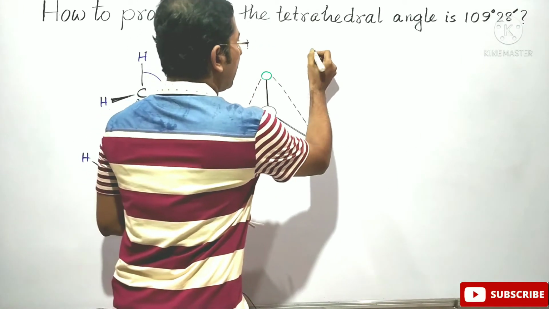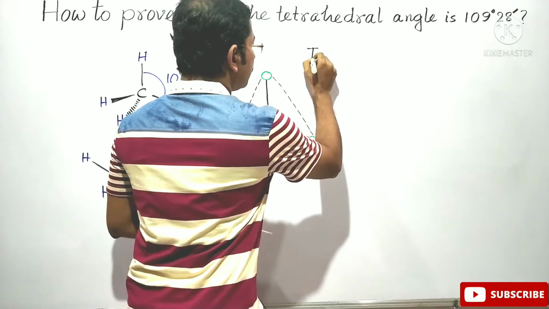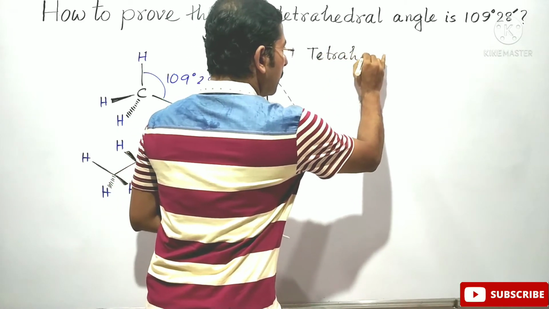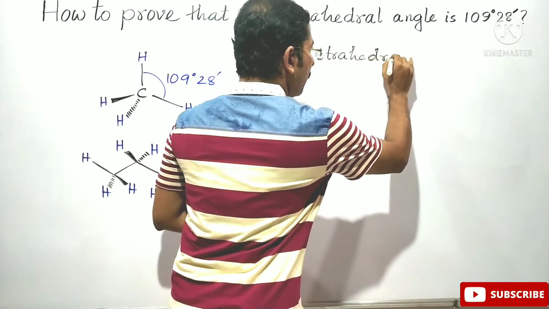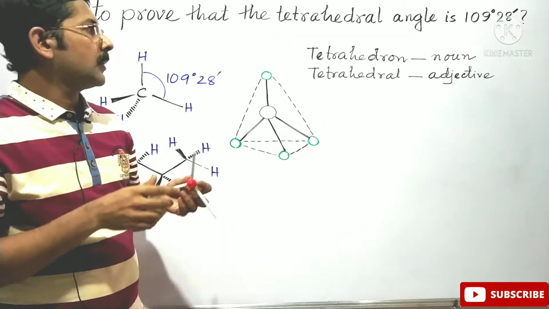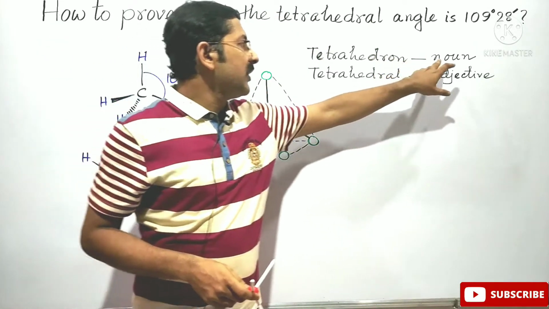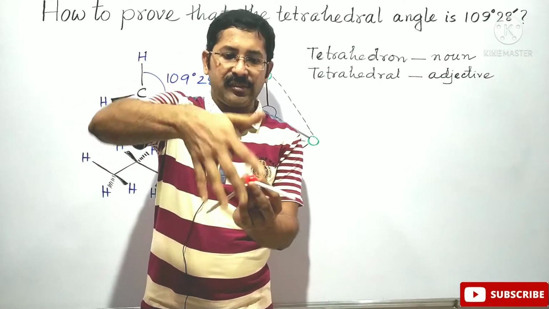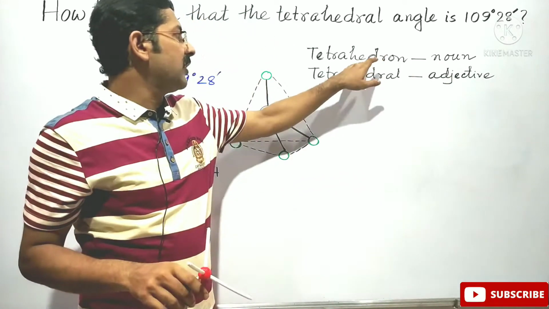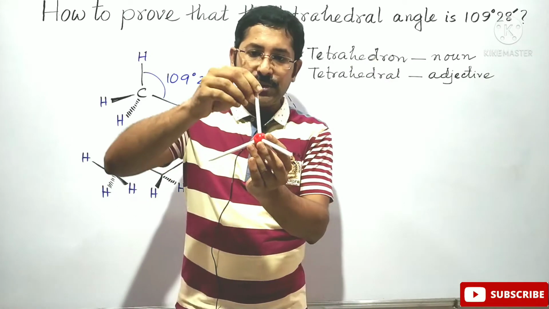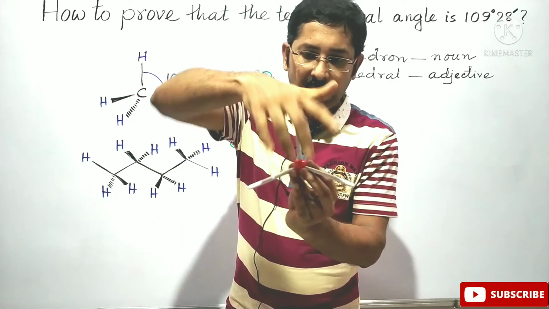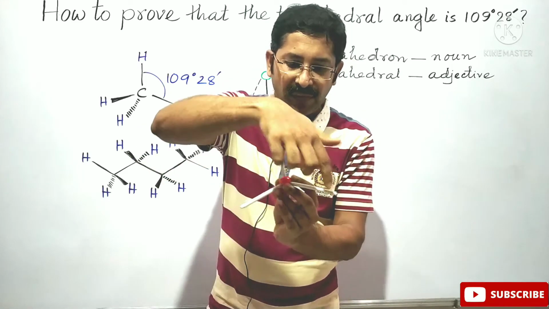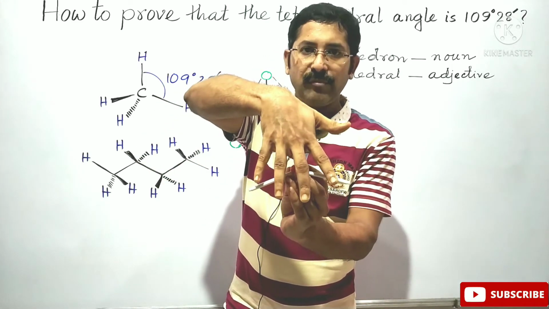Look, tetrahedron. Tetrahedron is a noun form. The polygon having 4 surfaces is known as tetrahedron. Look at here in this geometry, if the 3 vertices are connected, it forms a face.